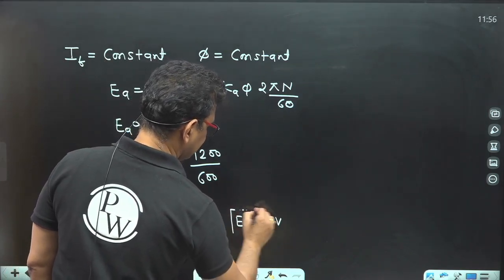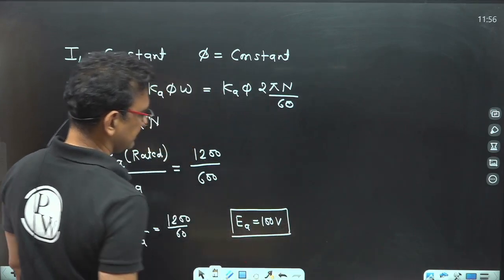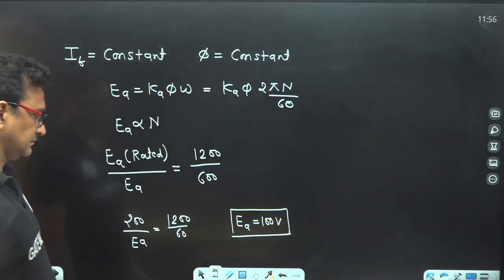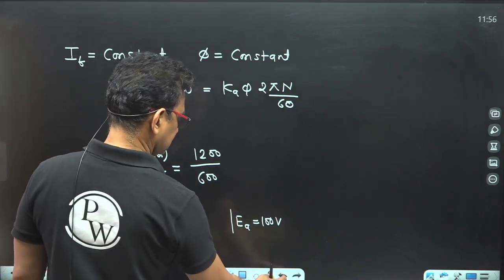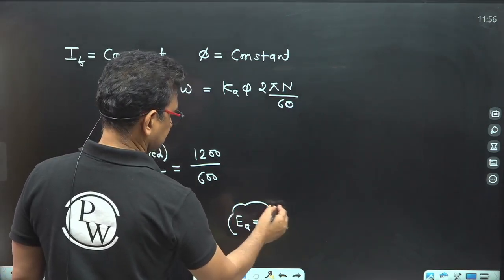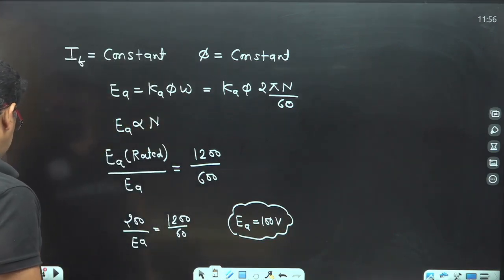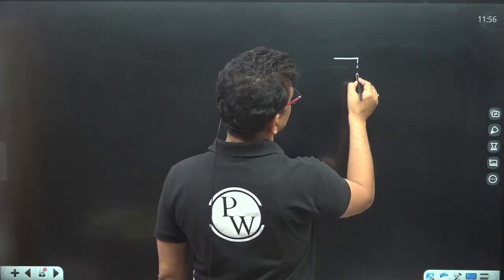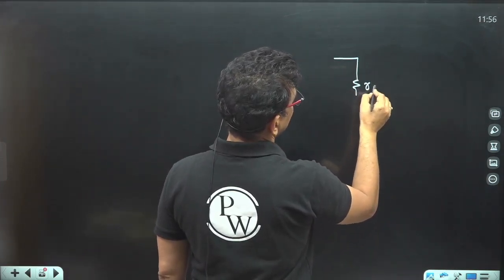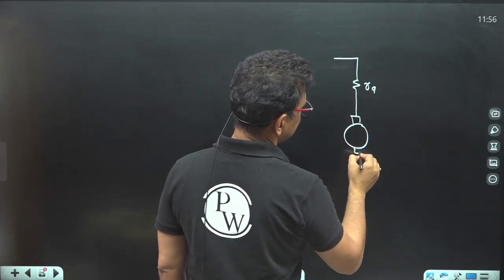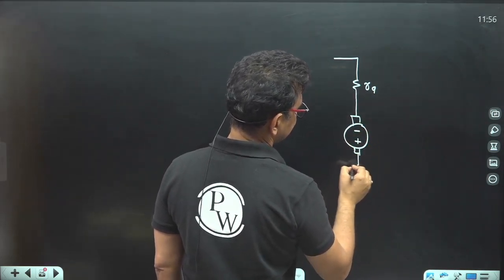At this time, we have applied the regenerative braking. When we apply the regenerative braking, we change the polarity, so the polarity of the induced EMF will be changed here. The Ra will remain the same, but the induced EMF polarity will be reversed. It becomes minus and plus.